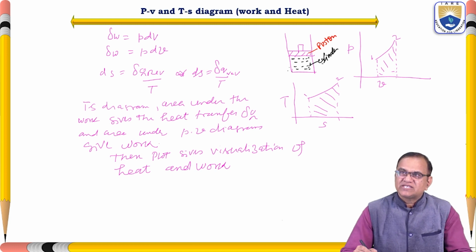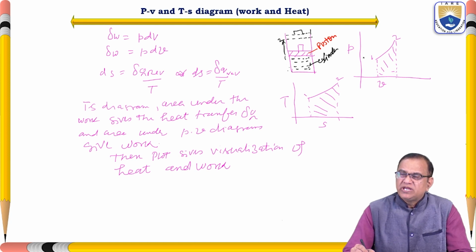Now, if you expand from 1 to 2, this is the position 1, and if you make it here, it has reached from there to here. So in the PV diagram, this is the point 1, and this is the process, you will reach the point 2.